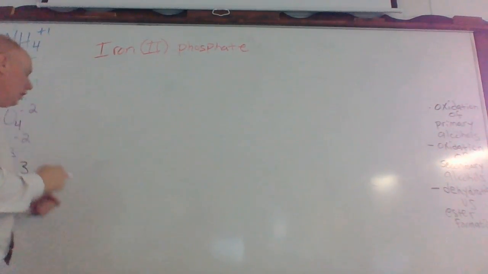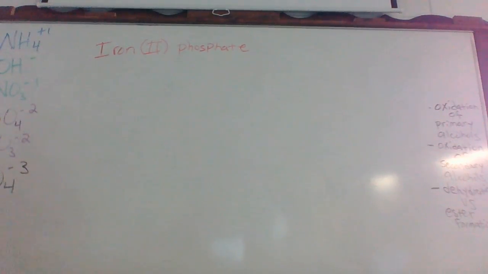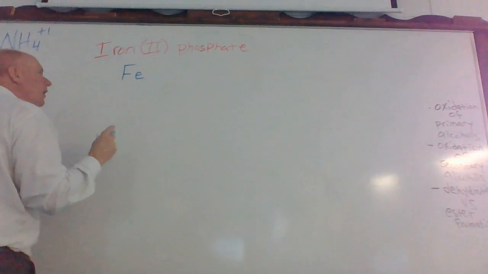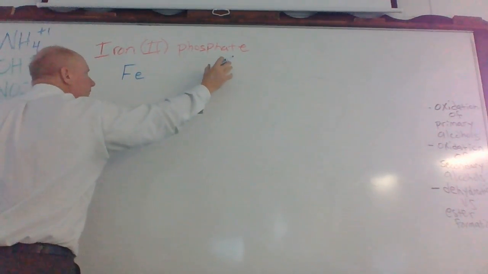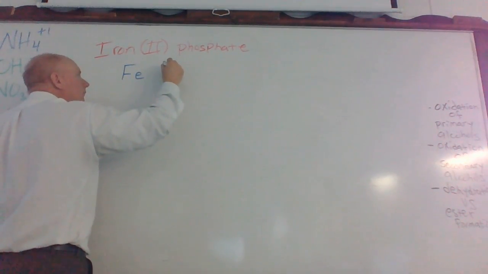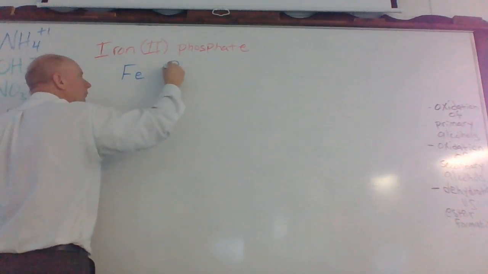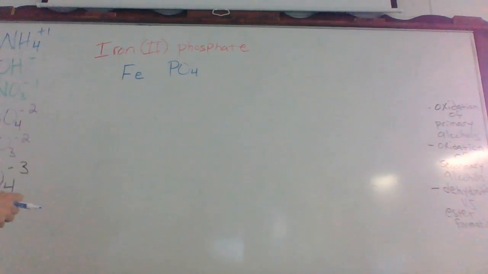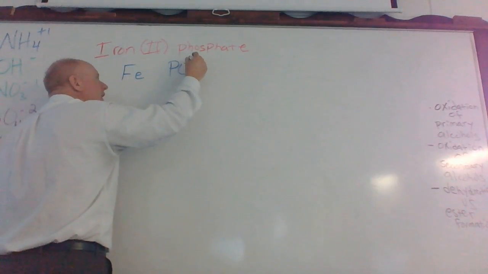Okay, so if we had iron 2 phosphate, what we need to do then is, what's the symbol for iron? Okay, and then the phosphate ion. Now, one of the aspects that we had said is always go by the negative ion here, which phosphate has a charge of negative what?